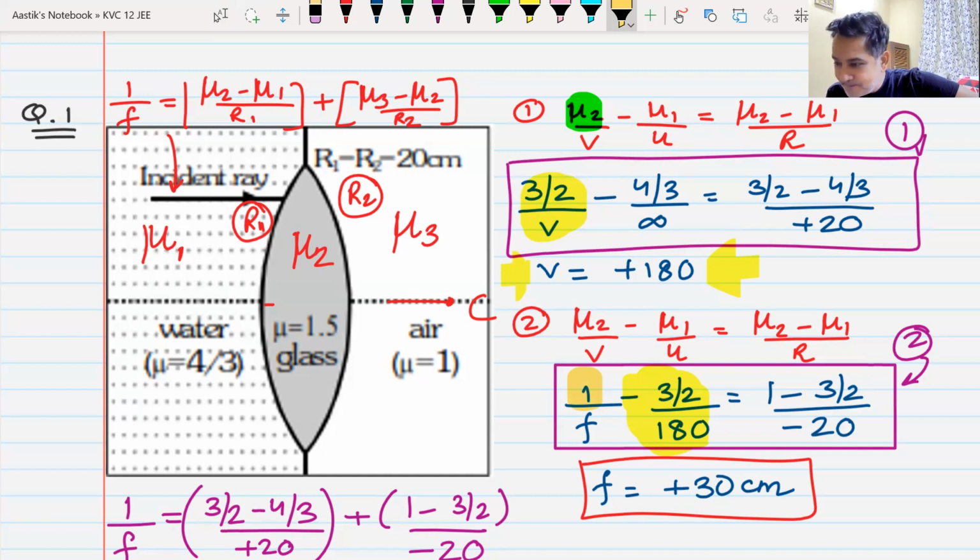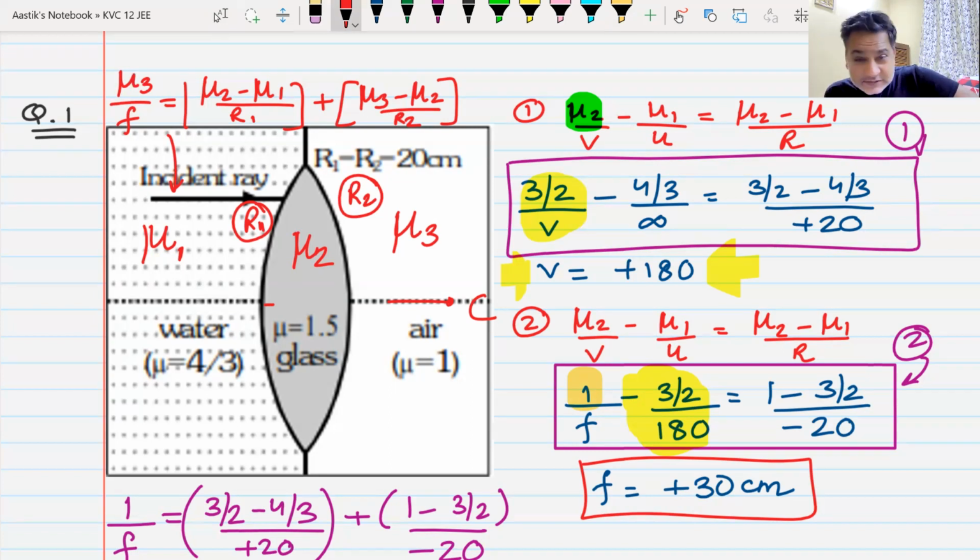Did we do that thing in the general formula that we created? No, sir. And therefore, now you can see the formula is completely different.